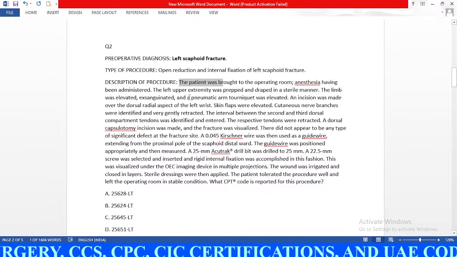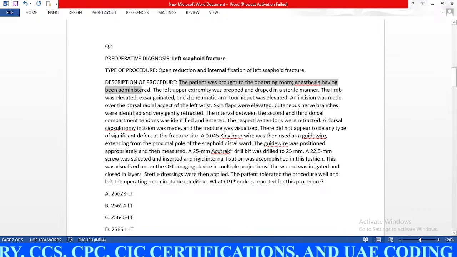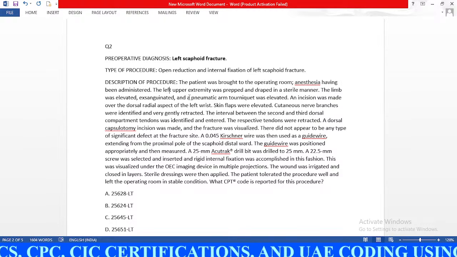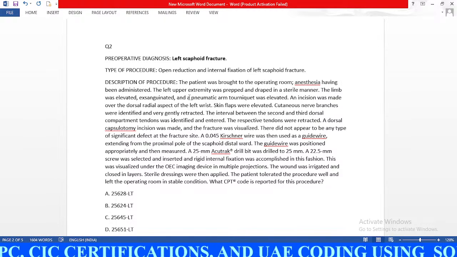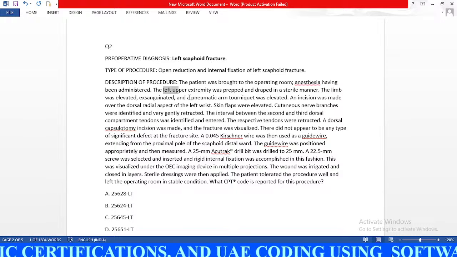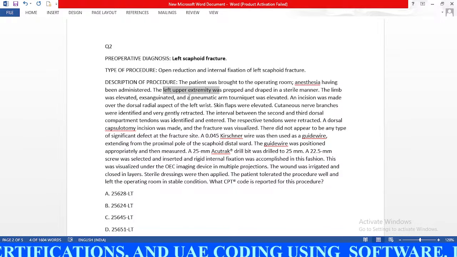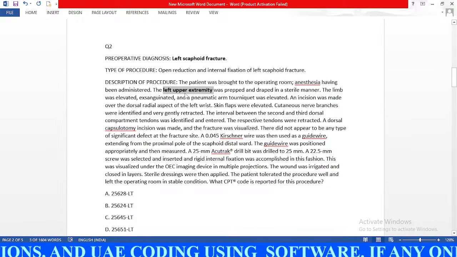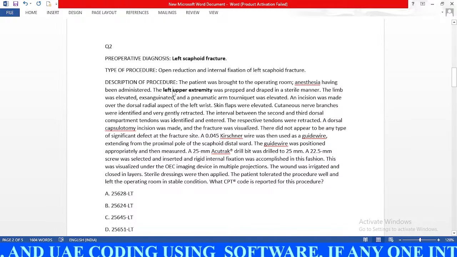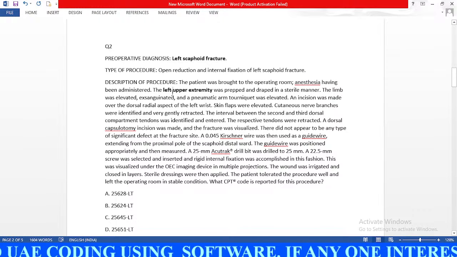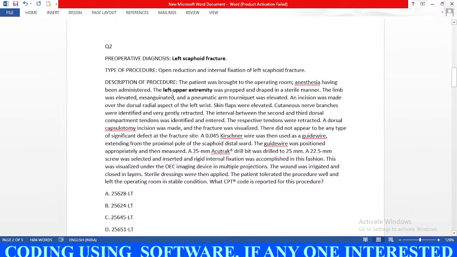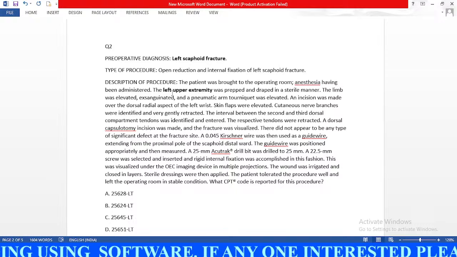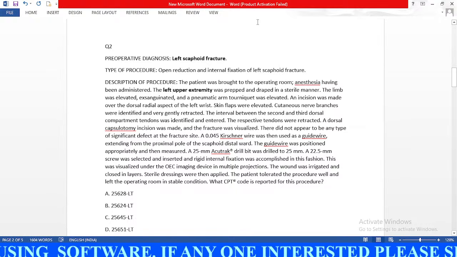The patient was brought to the operating room, anesthesia having been administered. You need to find the keyword in the operative report also. Sometimes the physician will write right in the type of procedure, but in the operative report they will mention left. In that situation, you need to go ahead with the description of the procedure, not the heading. You need to consider it as left upper extremity, not right.